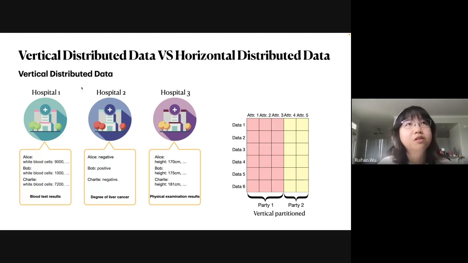But vertically distributed data is a bit different. Look at these three hospitals. The data have the same set of patients, say here, Alice, Bob, Charlie, and so on. But due to their different functionalities or responsibilities, they hold different attributes.